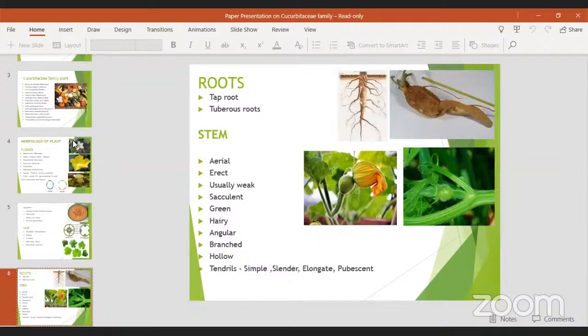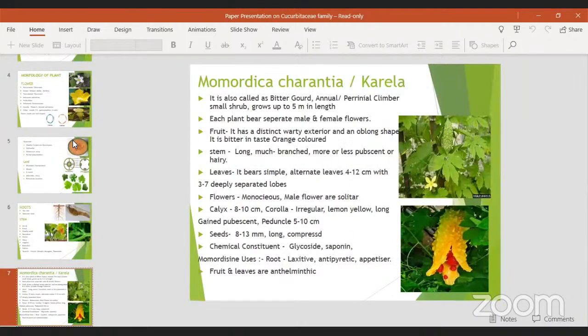Here we explain some plants of the Cucurbitaceae family, like Momordica charantia, also called Karela or bitter gourd. It is an annual or perennial climber, a small shrub that grows up to 5 meters in length. Each plant bears separate male and female flowers. The fruit has a distinct warty exterior and oblong shape. It is bitter in taste, orange in color. Leaves are simple, alternate, 4 to 12 centimeters with 3 to 7 deeply separated lobes.